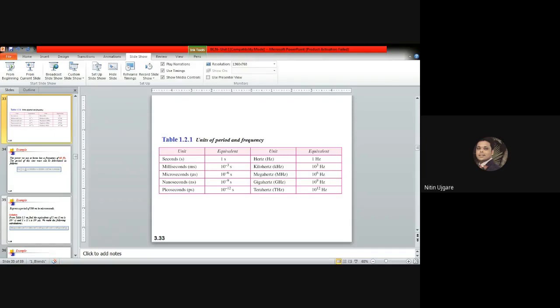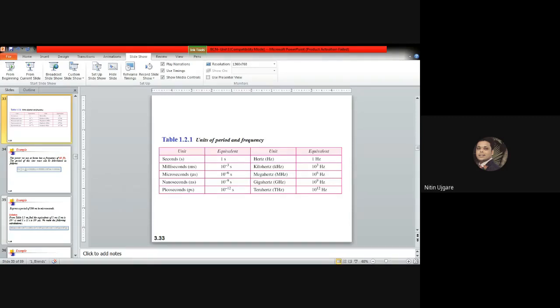The power used at home has a frequency of 60 hertz.